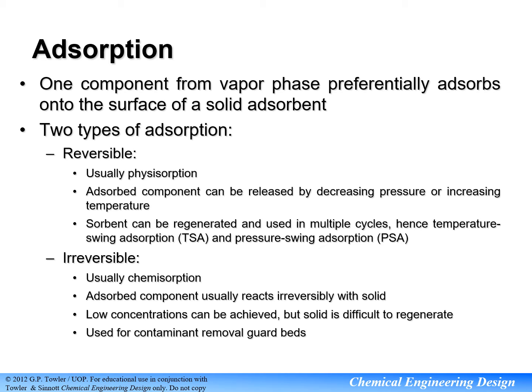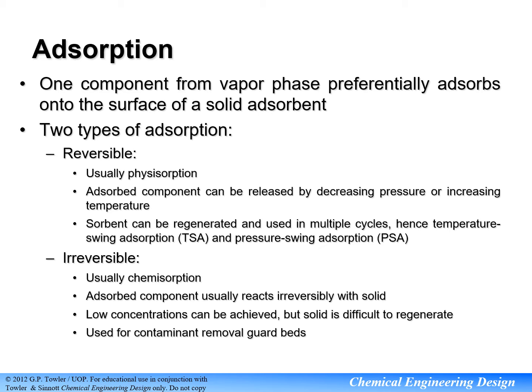Adsorption. Like I said before, adsorption is the mechanism where one component from the vapor phase is preferentially adsorbed onto the surface of a solid adsorbent. We have two types of adsorption, which are reversible and irreversible.